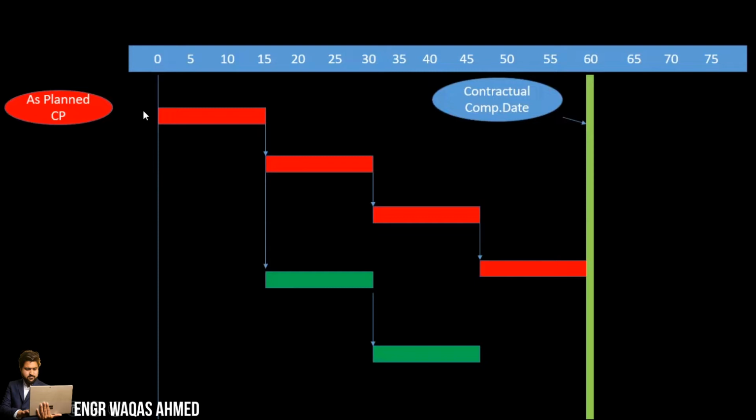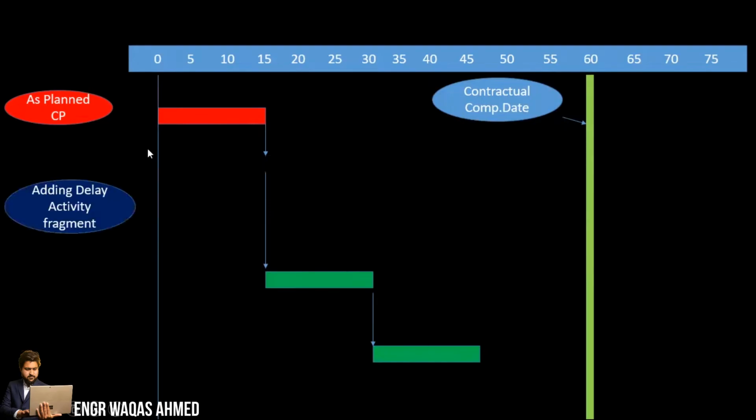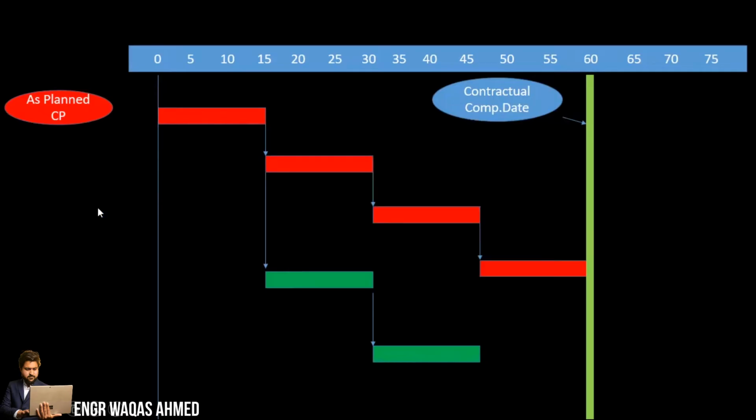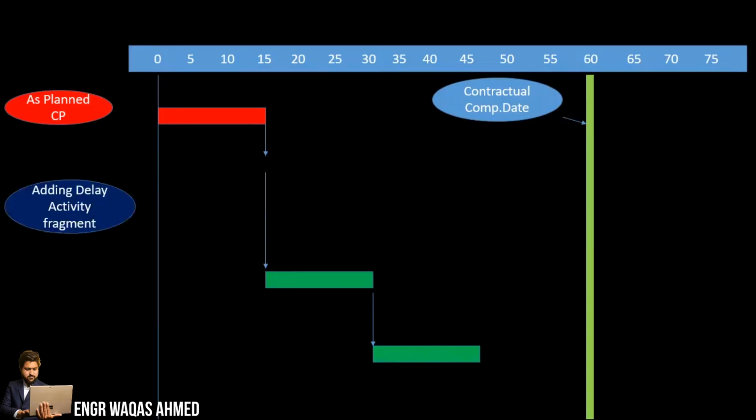So this is the baseline where you can see your project is going to complete in 60 days, and this is the critical path, this is the non-critical path, and this is as planned. Now, adding a delay event: this was the path you thought you would follow, but now you add the delay.